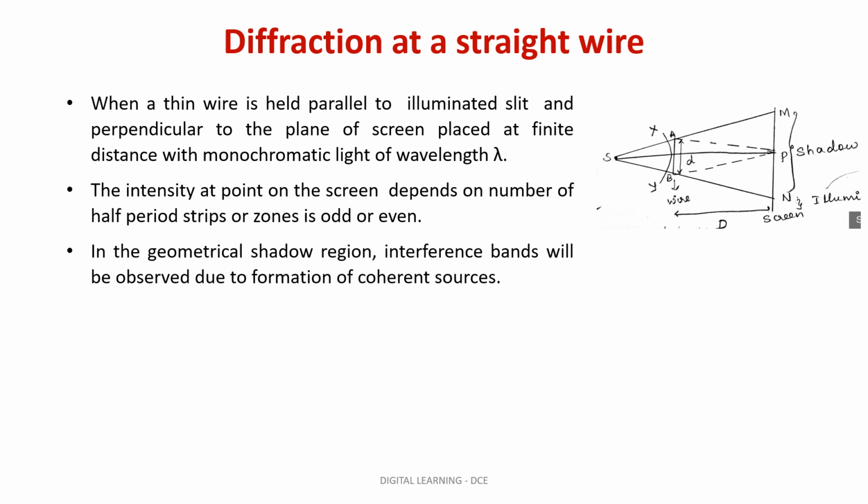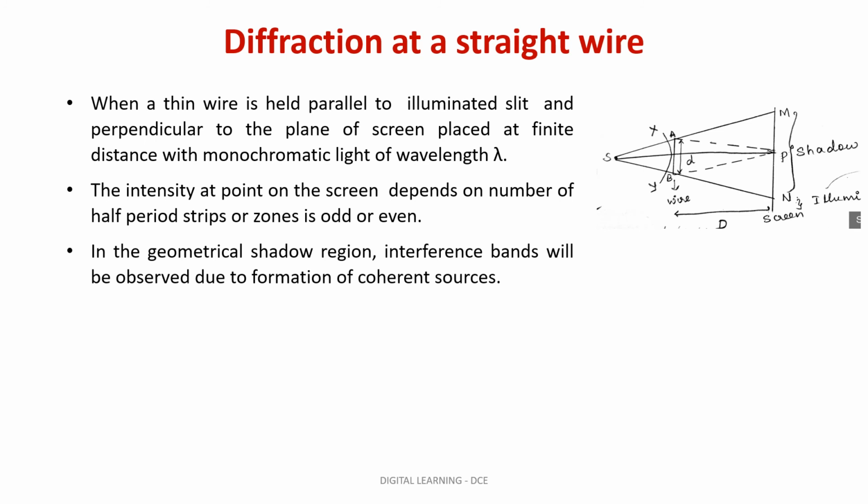Whenever the path difference is zero, the point will be very bright. Alternate dark and bright bands of decreasing intensity are formed as the distance moves away from P, till M above and point N below.